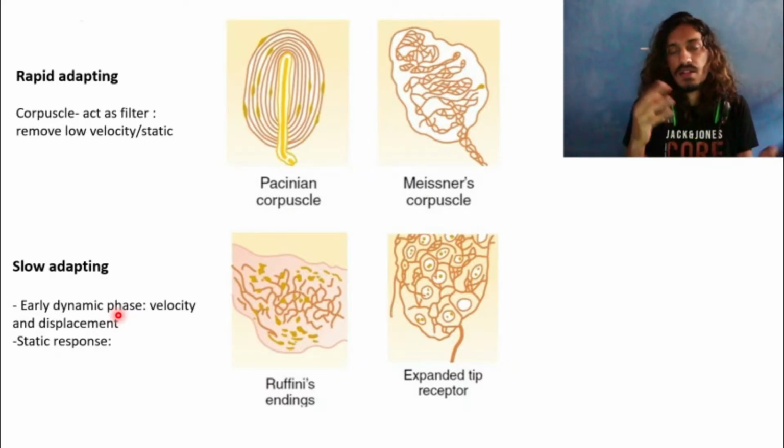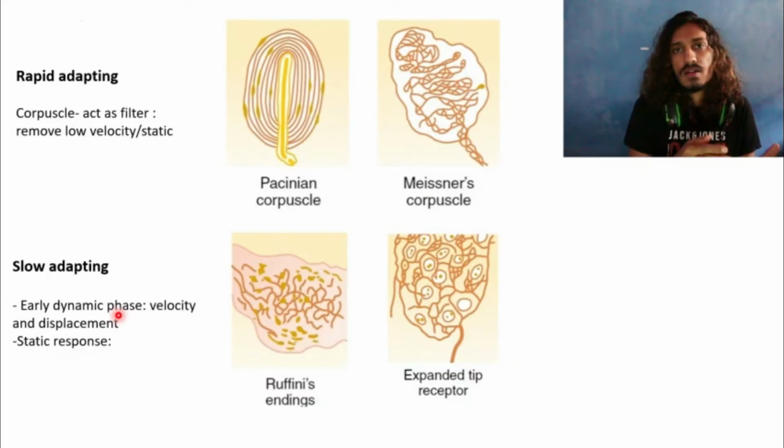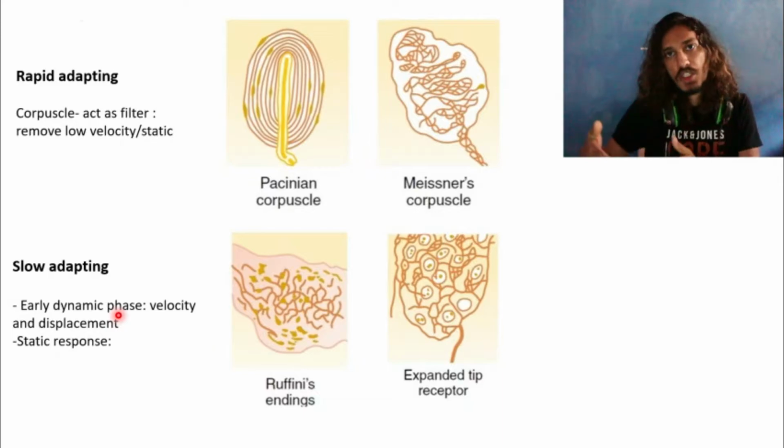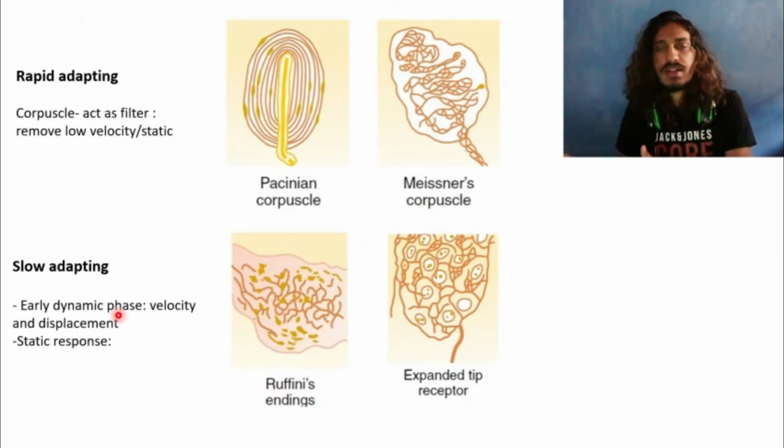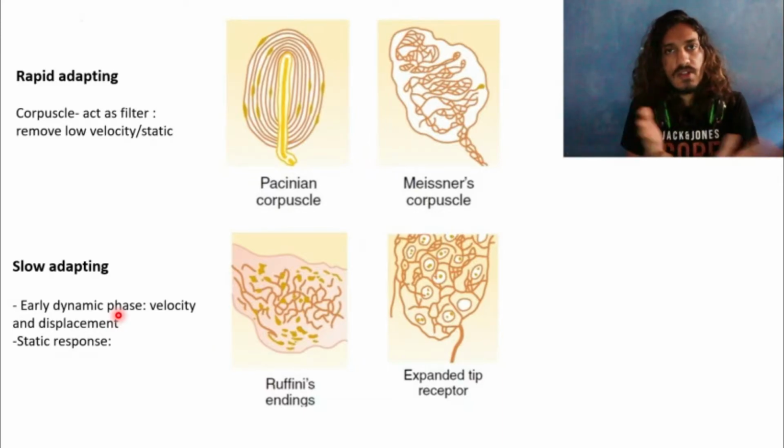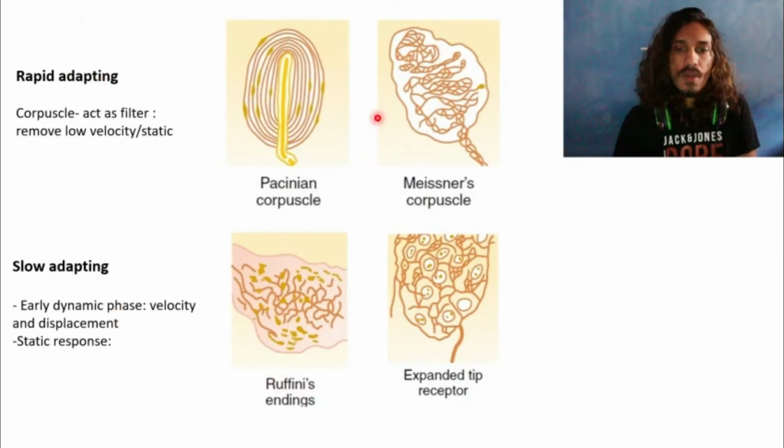The spike train in the early dynamic phase was much more, but later the spike train was lesser. Still, it was firing, even though the frequency was a little different. This is the next thing that you need to understand.